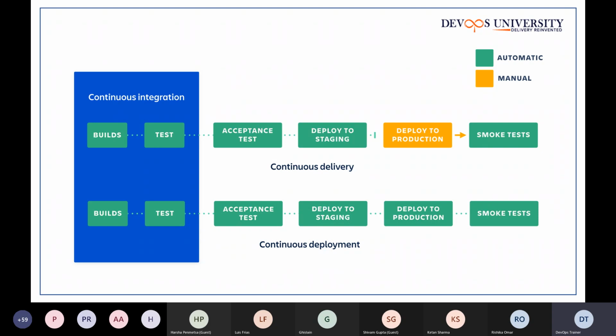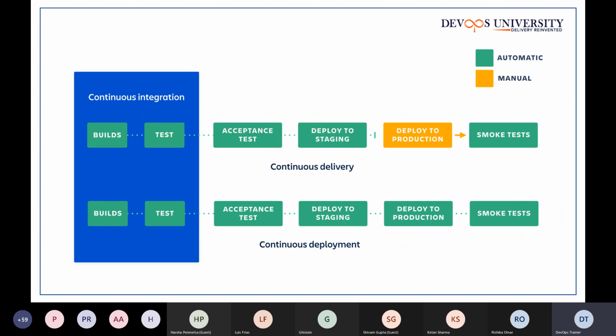Similarly, continuous deployment is for those organizations who can take a chance or who can have automation in such a way that the moment they have the code ready, they can deploy to the environment. But those organizations who are working on mission critical applications or in some different environments, for them at least they have to use some approval or some kind of manual checks, or maybe some manual test cases to be executed.